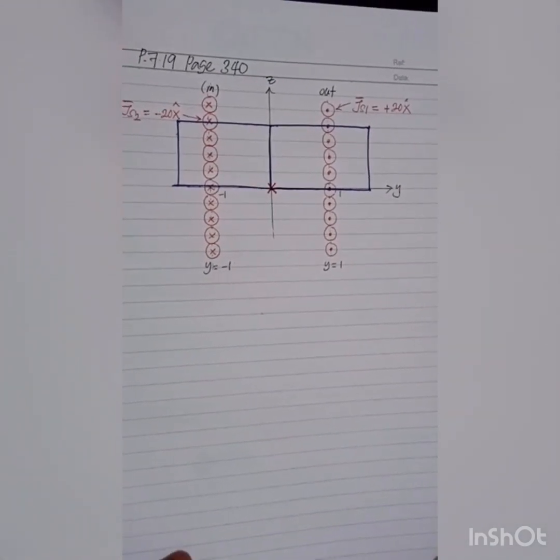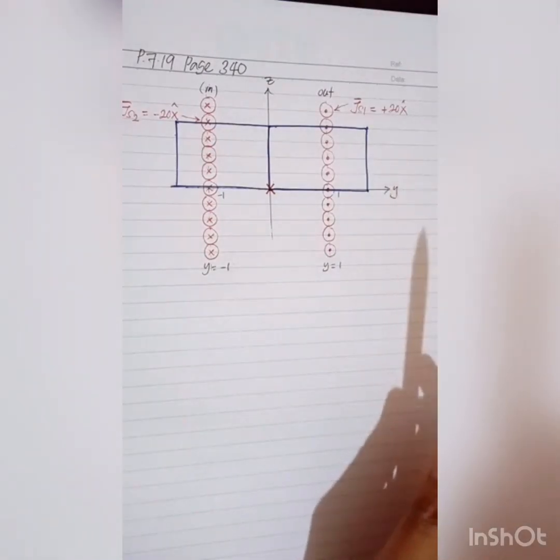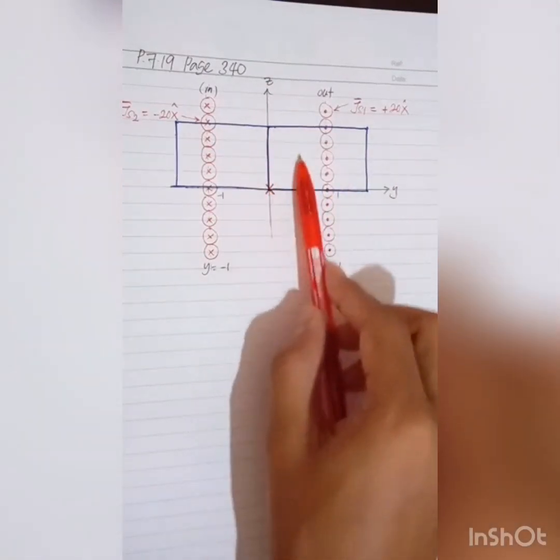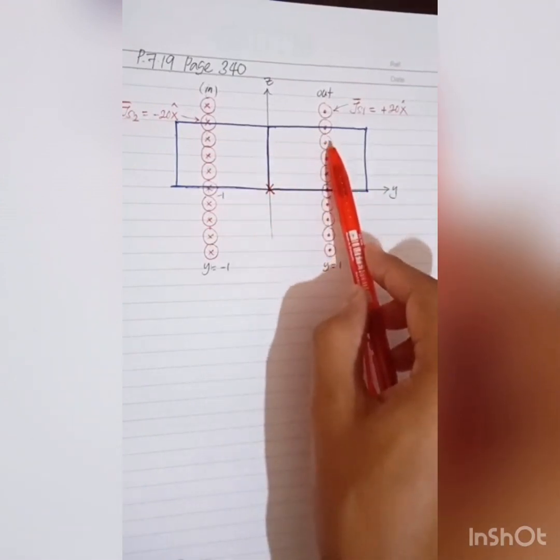Based on our last lecture, we have discussed how to determine the H direction, so we can apply the same method to determine the H direction in any region. Let's say I want to find the H field within these regions. Let's take a few element currents over here.